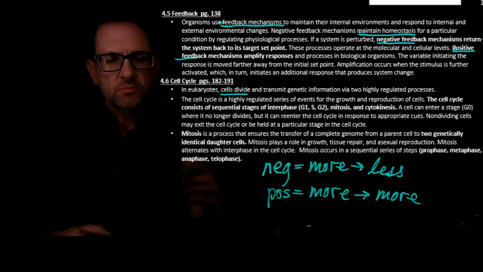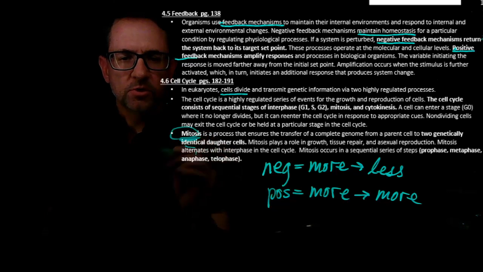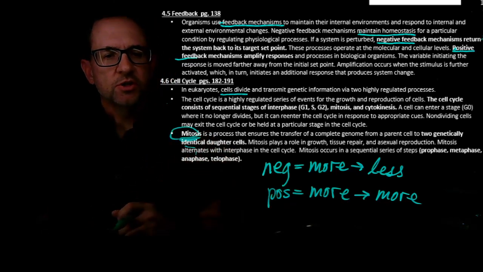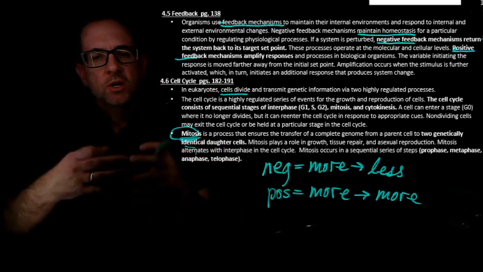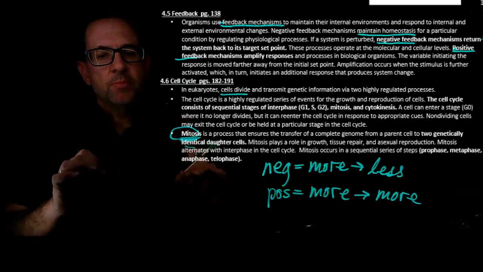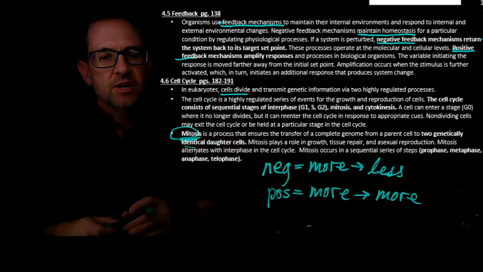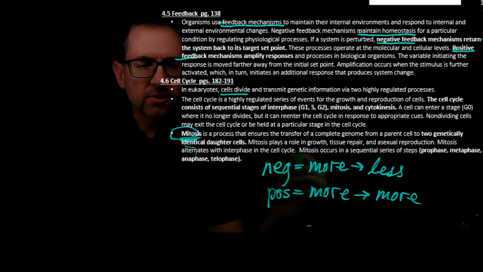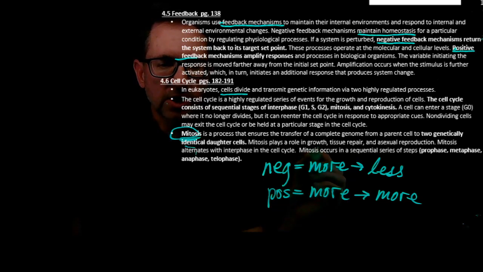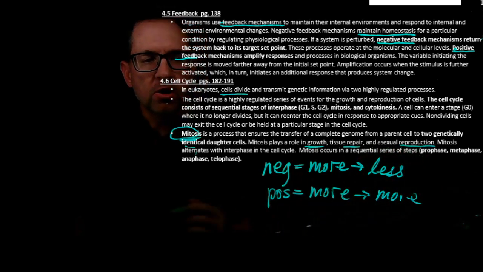Non-dividing cells may exit the cell cycle or be held at a particular stage in the cell cycle. Mitosis, down here, good word to know, is a process to make sure of the transfer of the complete genome, all the genetic material from a parent cell, gets copied to two genetically identical daughter cells. Mitosis plays a role in, here's our words right here, growth, repair, or asexual reproduction, GRR.